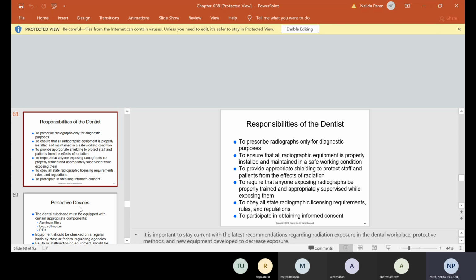So when the patient fills out their medical history, there are usually areas in the paperwork that allow us to take x-rays. It is important to stay current with the latest recommendations regarding radiation exposure in the dental workplace, protective methods, and new equipment developed to decrease exposure.